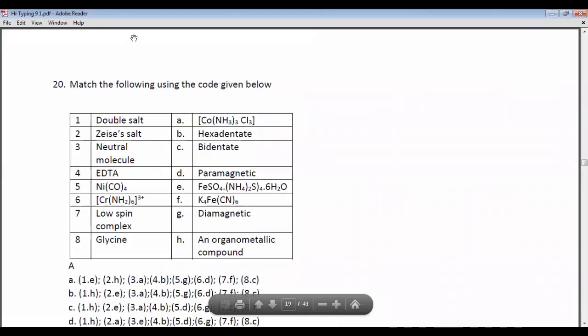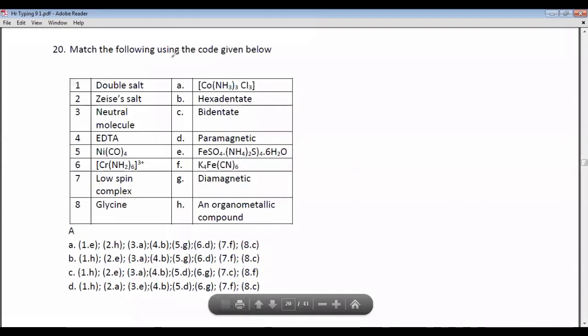That's a table question that you have to match. Double salt. Double salt is potash alum here. So one is E. So there is only one choice. Zeise's salt is an organometallic compound, we know. Neutral molecule, this complex is a neutral one.